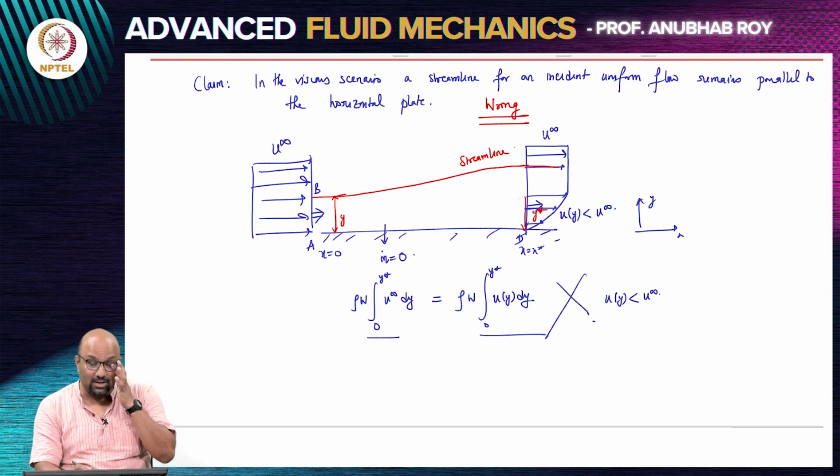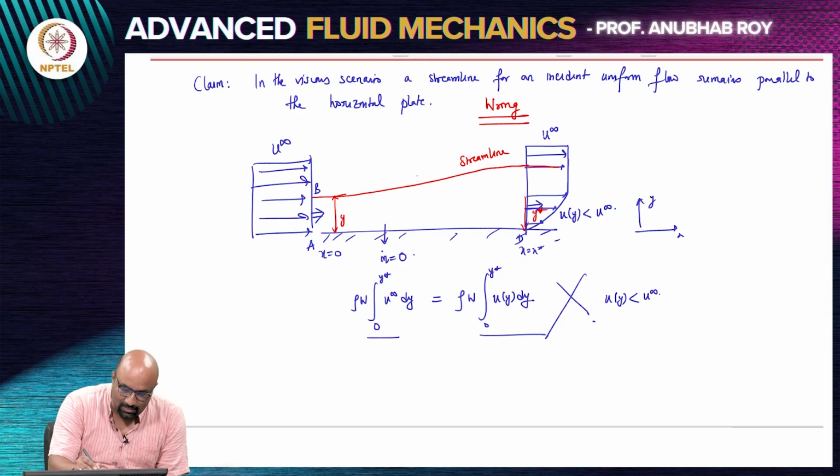So, if you consider the region between a streamline and the bottom plate, just choose any streamline in the flow that is entering from the left hand side, trace out that streamline, and consider the region between that streamline and the bottom plate. Whatever is the mass of fluid present in the inlet between the streamline and the plate would exactly be the same amount of mass that exits between the streamline and the plate at the outlet.